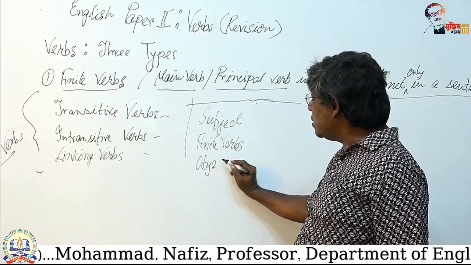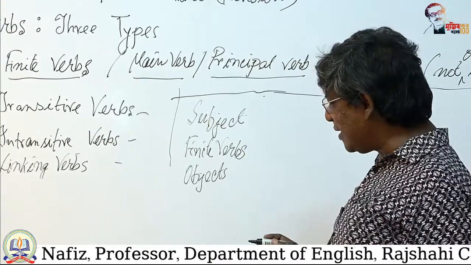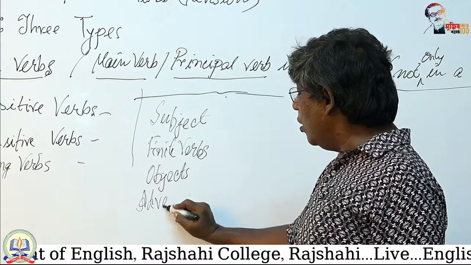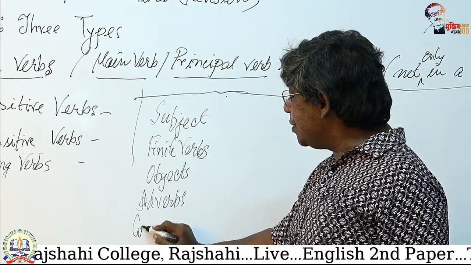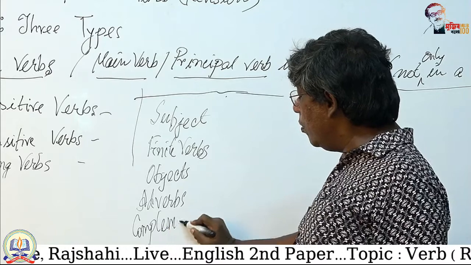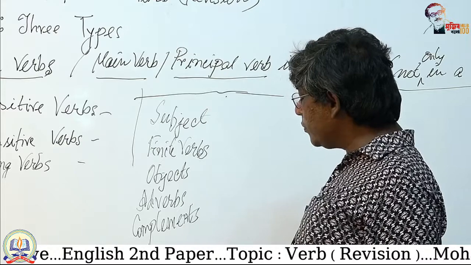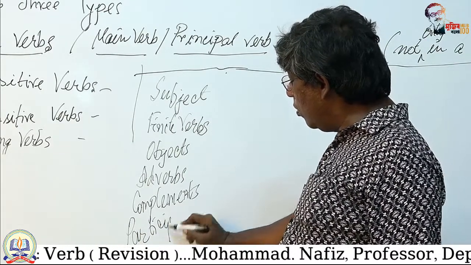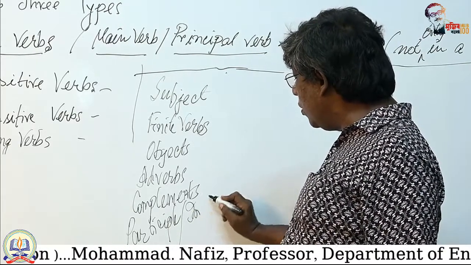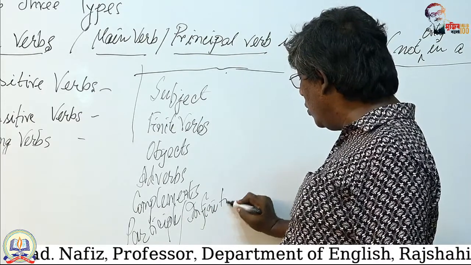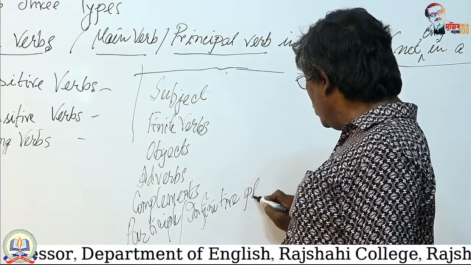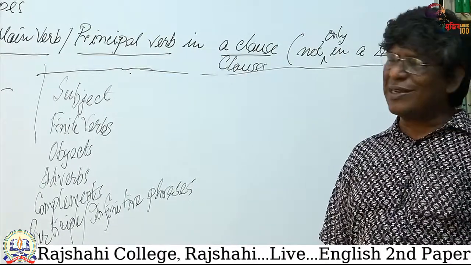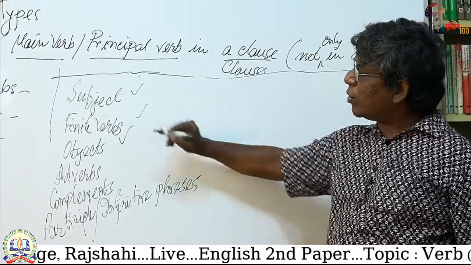Of course, there can be objects in a sentence after the finite verbs, but not only objects, there can also be adverbs, complements, and participle or infinitive phrases. So, from today, forget the concept that a sentence has only a subject, a finite verb, and objects.